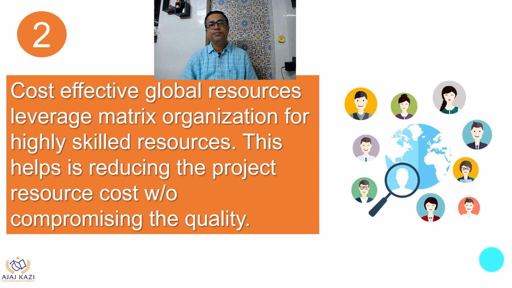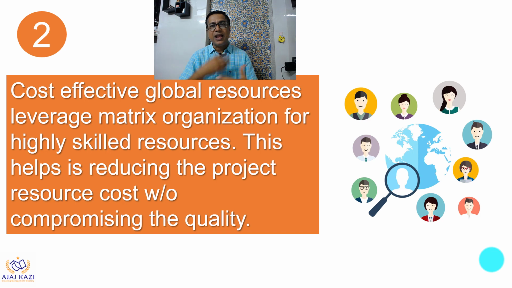The second way is utilizing cost-effective global resources by leveraging the matrix organization. Everybody knows what a matrix organization is, for highly skilled resources. This helps in reducing the project resource cost without compromising on quality. So you can have access to global resources, and use the matrix organization to find the best resources for your project, because that will reduce a lot of wastage.